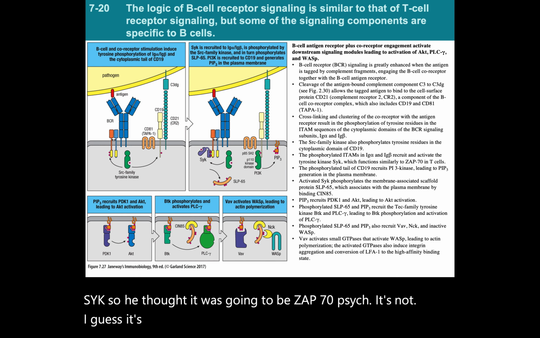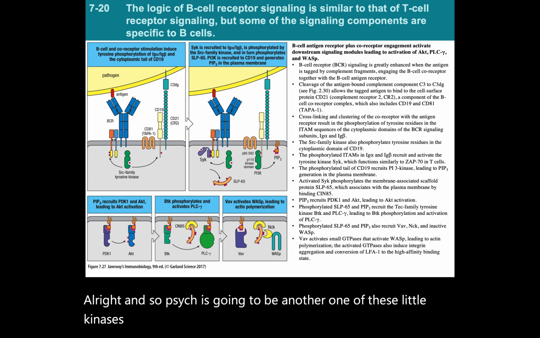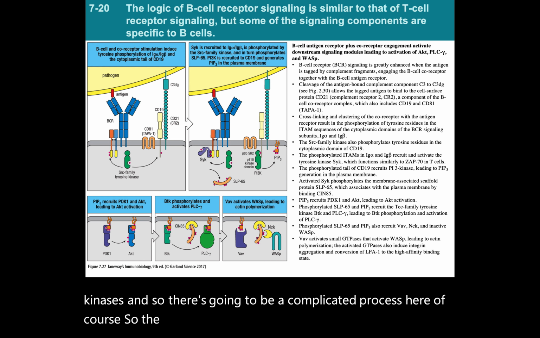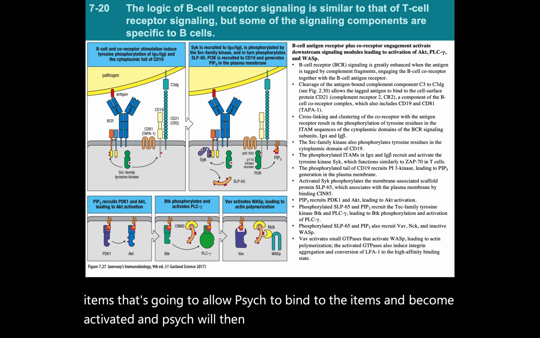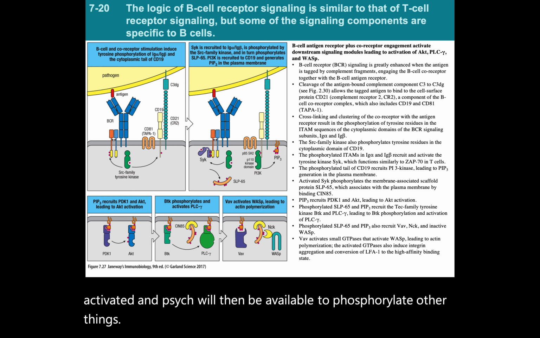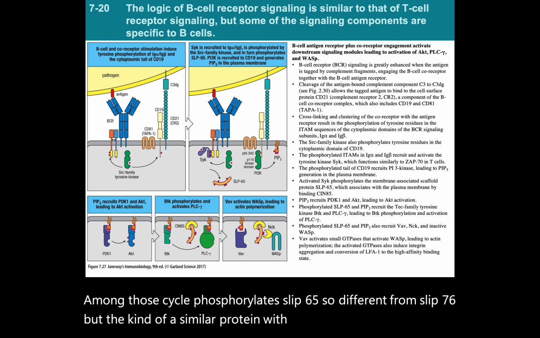Yeah, fine. All right, and so Syk is going to be another one of these little kinases, and there's going to be a complicated process here, of course. So the Src family tyrosine kinase is going to activate the ITAMs. That's going to allow Syk to bind to the ITAMs and become activated, and Syk will then be available to phosphorylate other things. Among those, Syk will phosphorylate SLP65, so different from SLP76, but a kind of similar protein with a similar function.